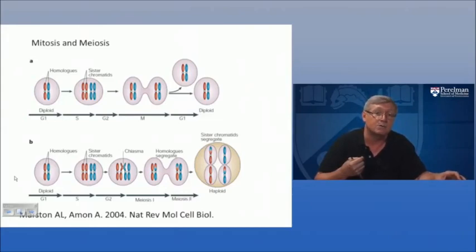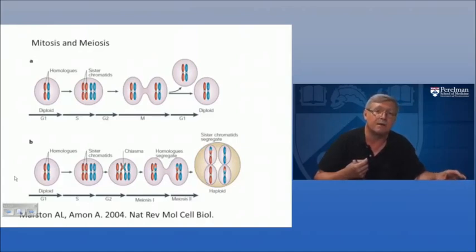In meiosis, you also undergo a round of replication, end up with sister chromatids on each chromosome, but then you go through a meiotic prophase. And during meiotic prophase, which is illustrated here, where you see the chiasma, the chromosomes cross over and the chromatids exchange DNA information with each other.